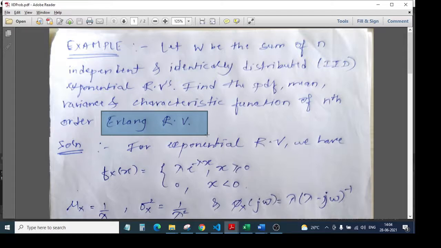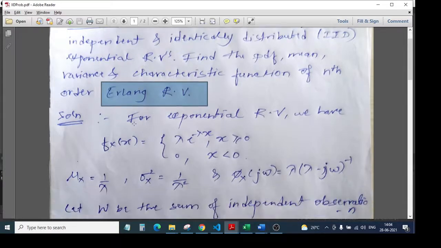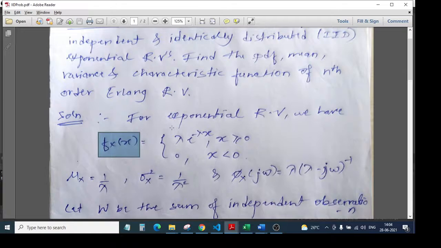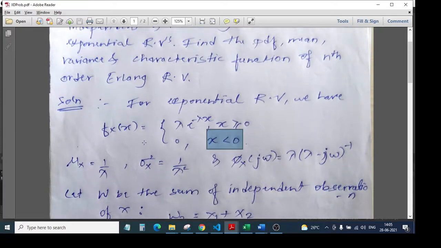Therefore if this is the question, we know that our exponential random variable is given by f_X(x) equal to lambda e raised to minus lambda x, valid when x is greater than or equal to 0, and for all other values it is 0. Now remember, friends, its mean, variance and characteristic function will not be given.